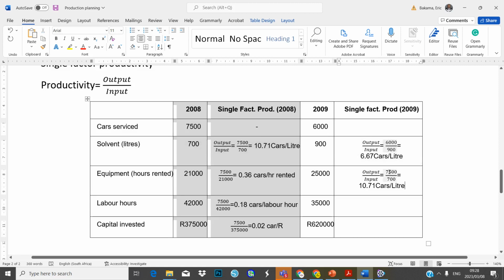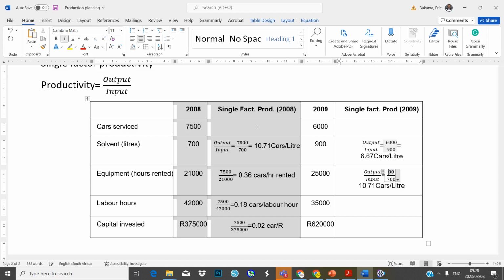Then the output in this case is still the same, 6,000, which we will divide by the input. The input in this case is the number of hours that they've used to run the equipment, which is 25,000. So if you take 6,000 and divide by 25,000, you have a value of 0.24.